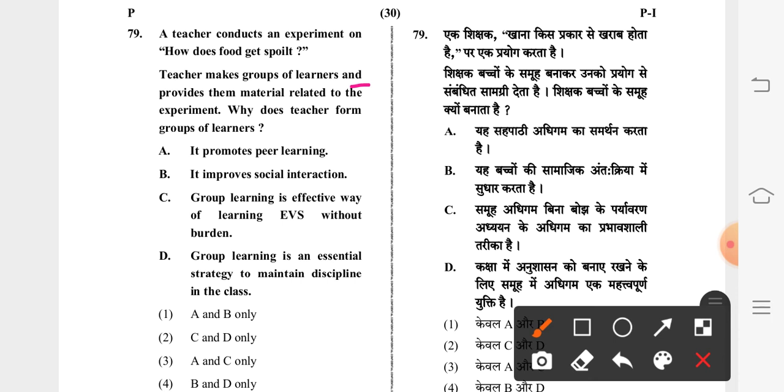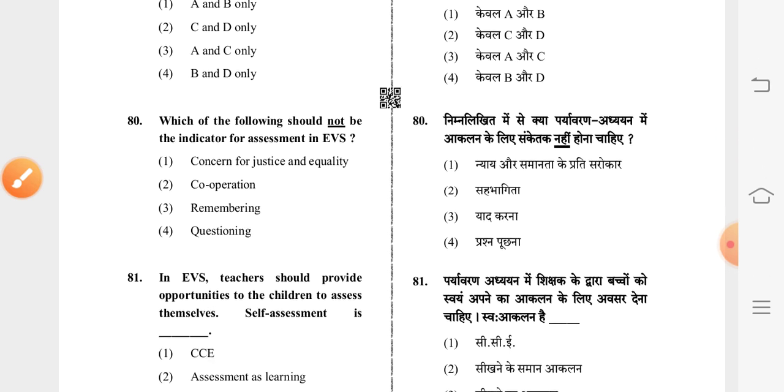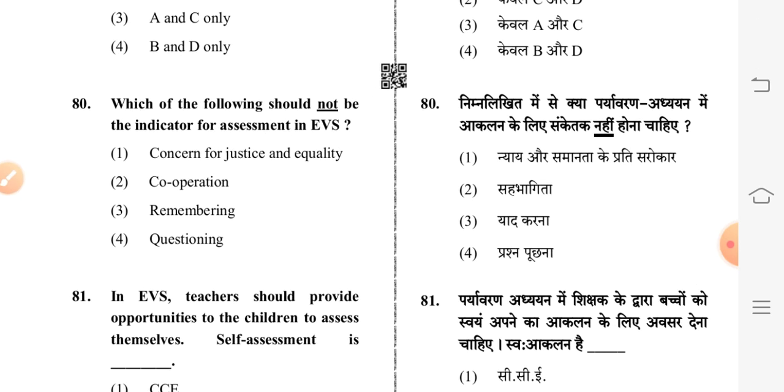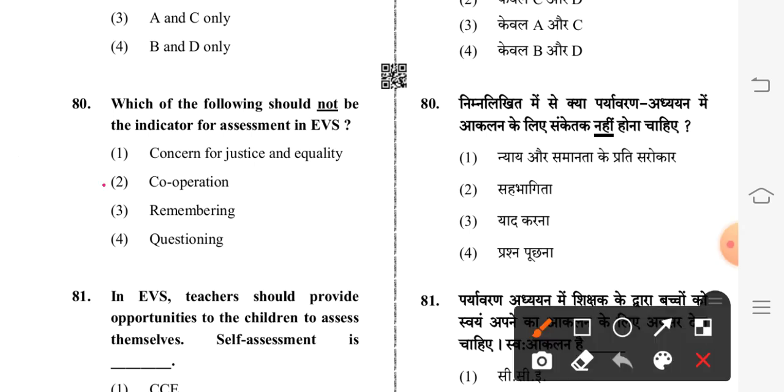That means A and C only. Question number 80. Which of the following should not be the indicator for assessment in EVS? Second option is correct. Cooperation.